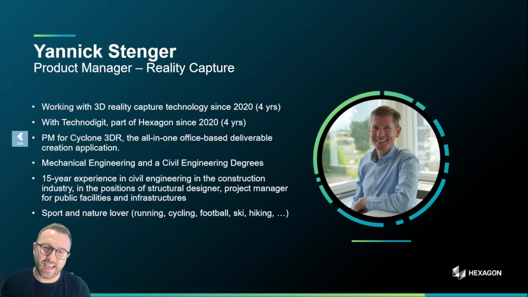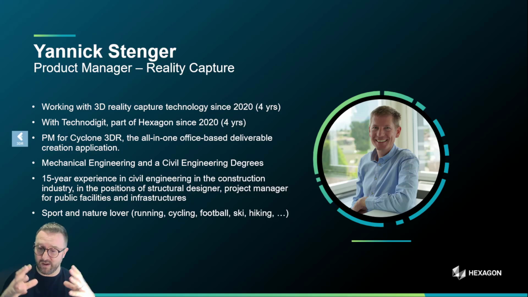And then we'll hand over to Yannick. Yannick is also now a master of these webinars. Every time there's a new Leica Cyclone 3DR release, he comes out and presents a really nice update of everything that's become available. He's been within the business since 2020. Like I said, he's the product manager for 3DR.